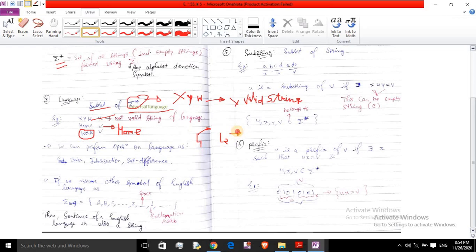We can perform set operations like union. Union means all the words in L1 and L2. Intersection means the words that are common to L1 and L2, which must have equivalent meaning to each other respectively.